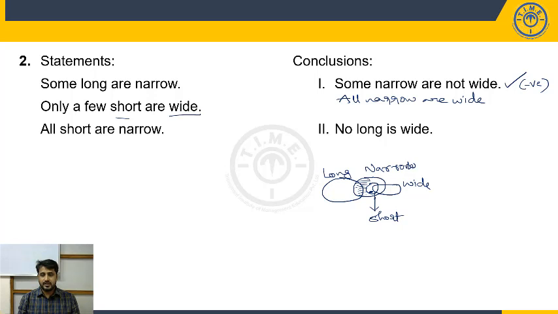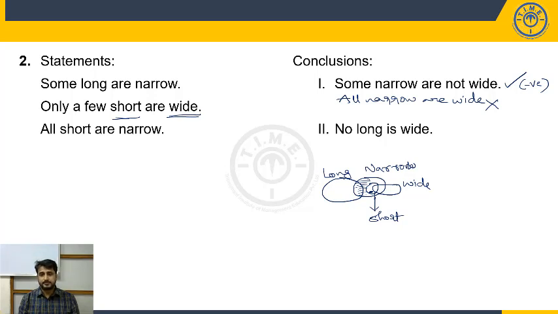But as per the statement, there should be some short outside the wide. In that case, it is becoming all short are wide. It means I can't prove this diagram. We cannot draw the alternate diagram, so the negative will still remain true.